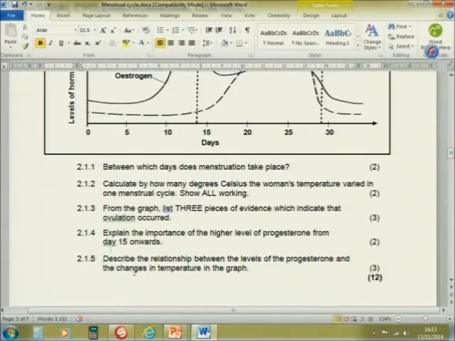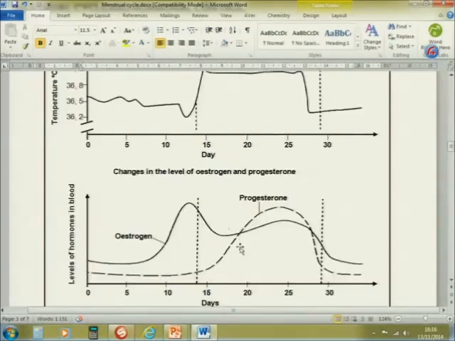Right. The last question: describe the relationship between the level of progesterone and the changes in temperature in the graph. Look at that.